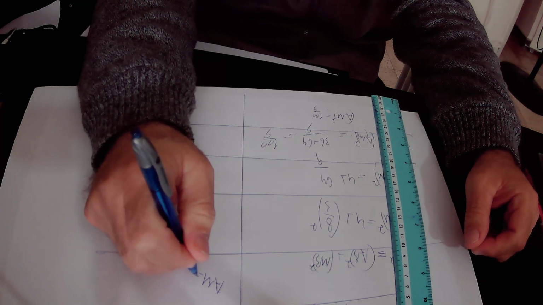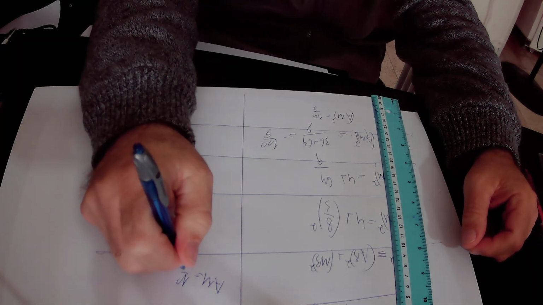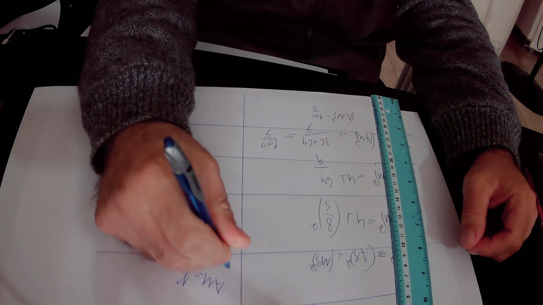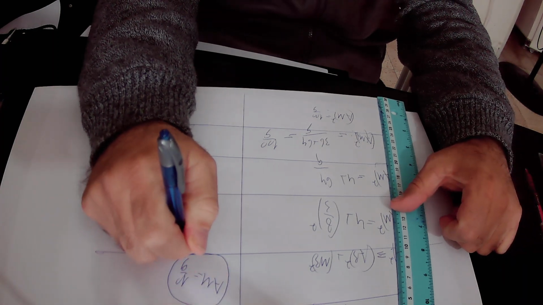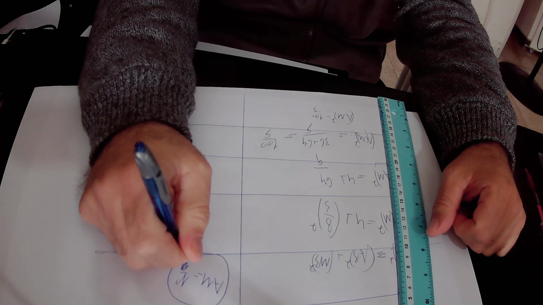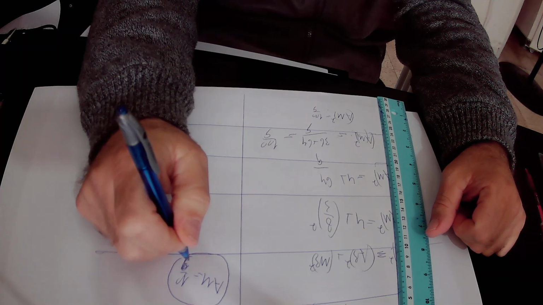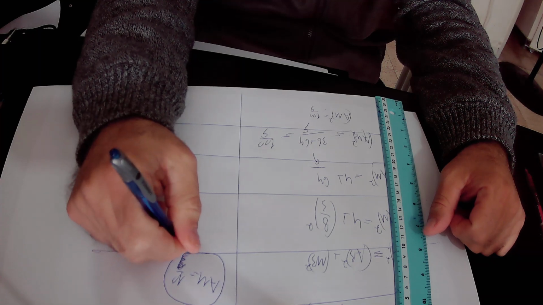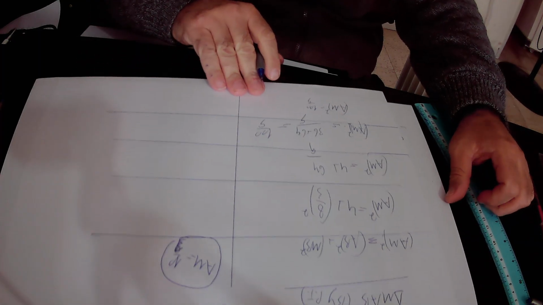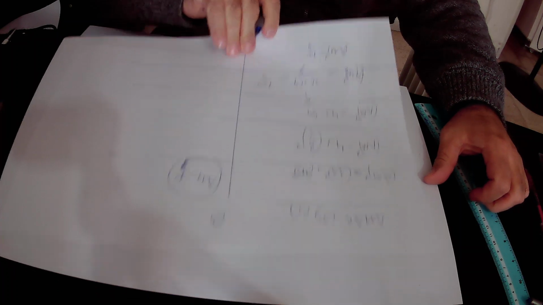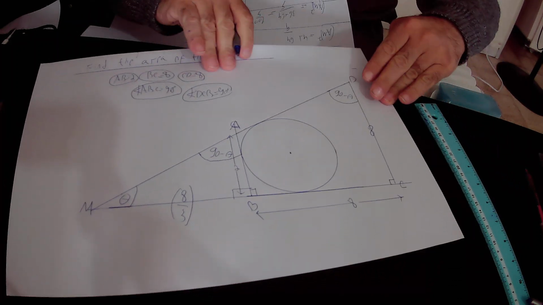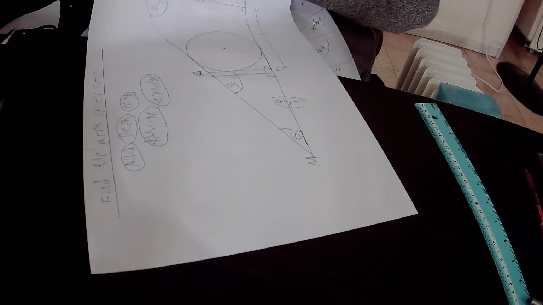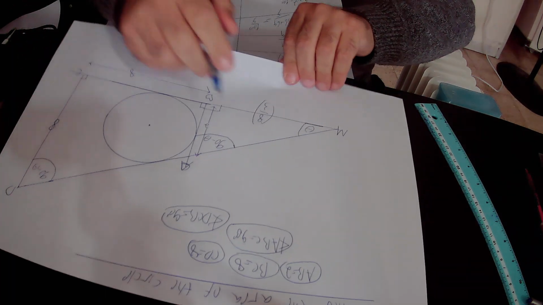The square root of 100 is 10, and the square root of 9 is 3. So we found out that AM equals 10 over 3 units. AM equals 10 over 3 units is its length.